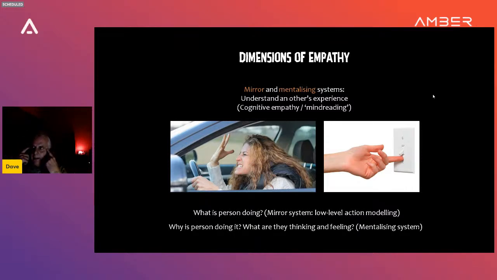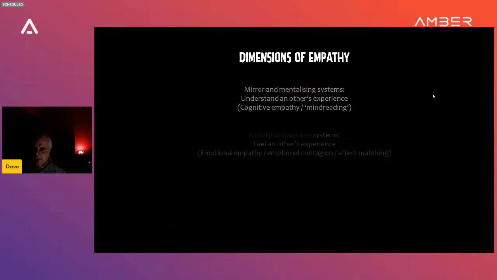It goes, okay, a person's turning on a light switch. Why might they be doing that? Well, it looks to me like they've just had a nightmare. They've just woken up and they want to turn the light on because they're scared. So these two systems working together allow us to figure out what a person's thinking and feeling, why they might be thinking and feeling that way, and what their intent is. What might they be doing next?